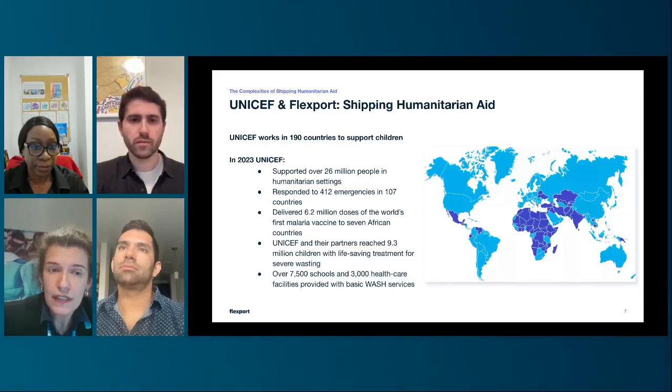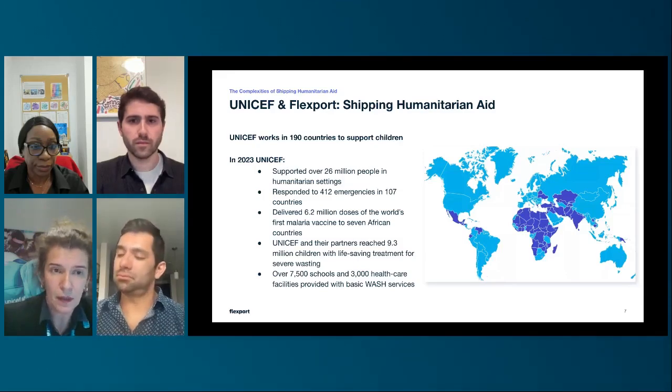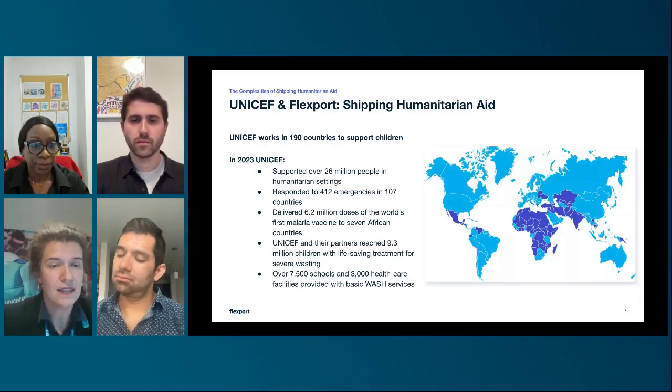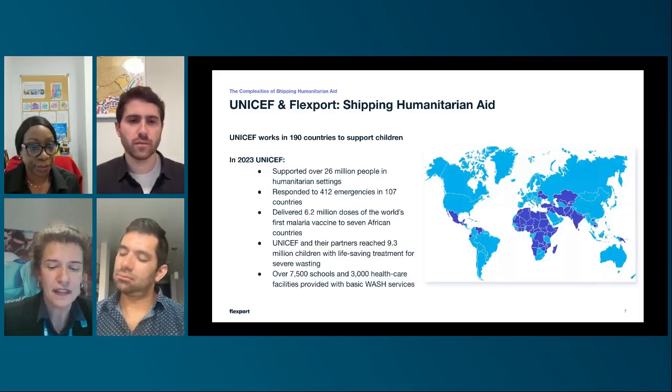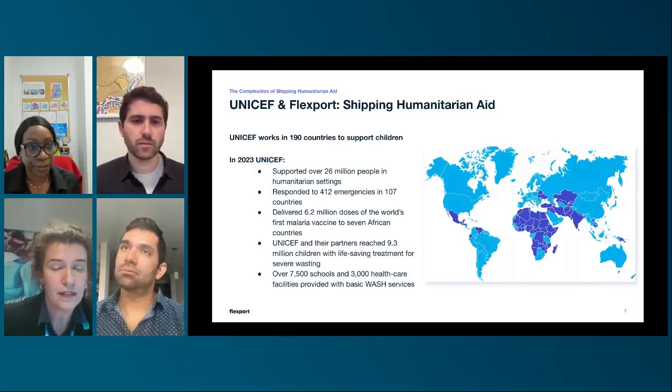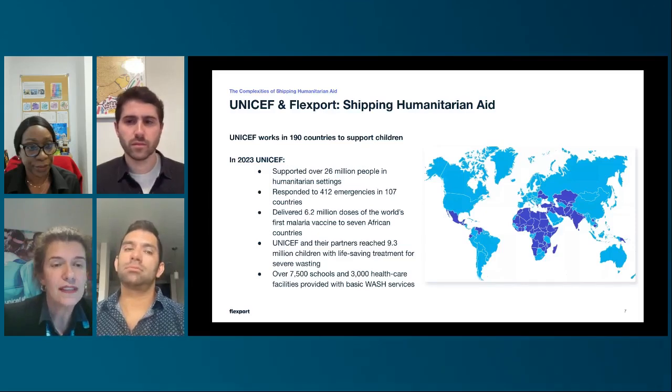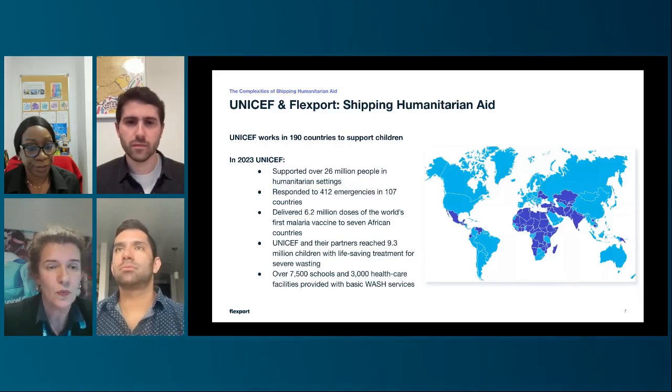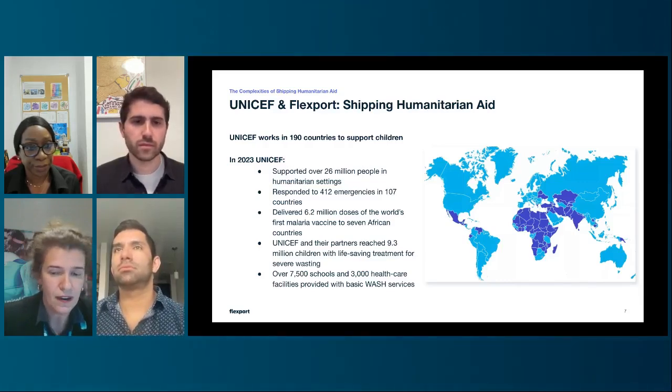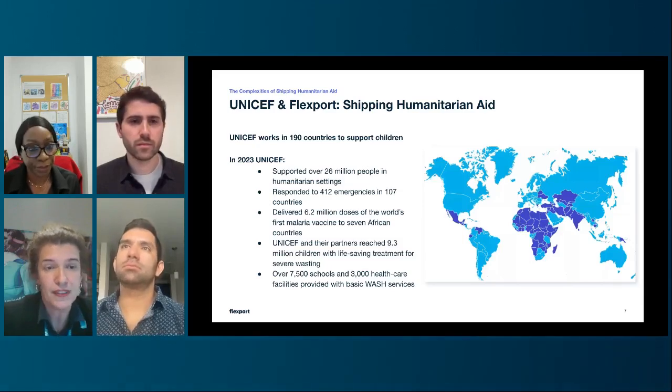But we don't work only in emergencies. Emergencies is one part of the work that we do. We also work in development. So the data that I shared with you on vaccines, it's very much honed into the development work that we do in defending kids' rights, and also in reducing their vulnerability and building their resilience to when shocks are imposed upon their lives.